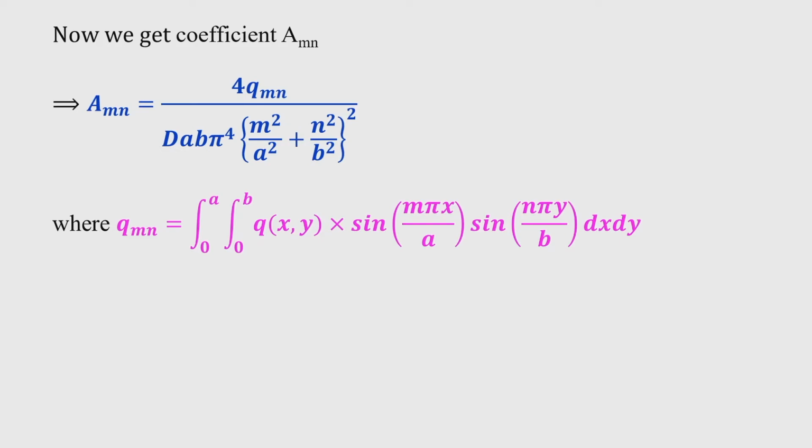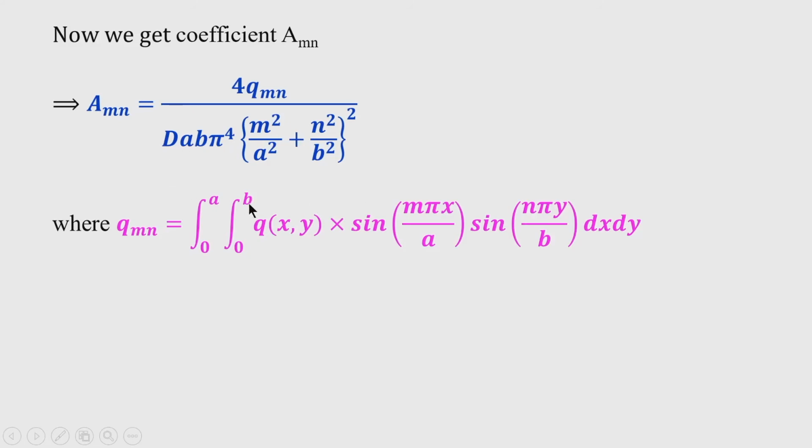Okay. So, what I see here, the important steps in the Navier's method is, first the Navier's method has to be applied only when all the edges of the plate are simply supported. So, that is the condition. Then for the given loading, you calculate the coefficient Q m n. Once the Q m n is known, then you calculate A m n.